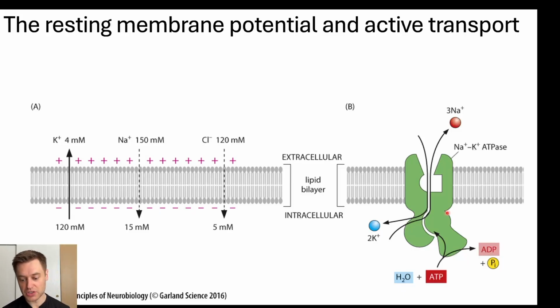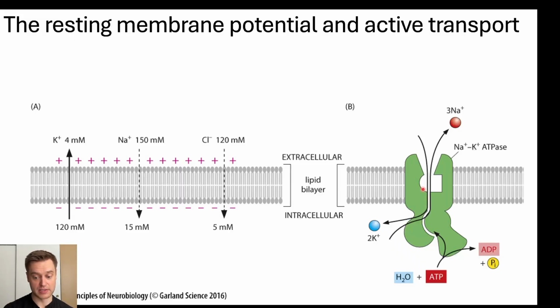So just to be clear, what you need to know about this is, 1, that active transport moves ions against their concentration gradients and against their electrical gradients. Number 2 is that this is a sodium-potassium pump. It is ejecting 3 sodium ions and bringing in 2 potassium ions. 3, you need to know that this is working at all times.